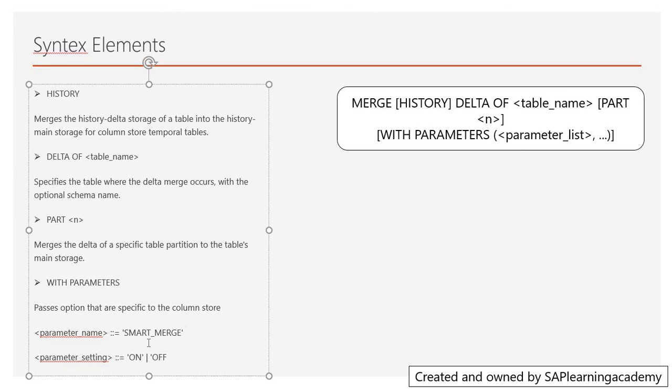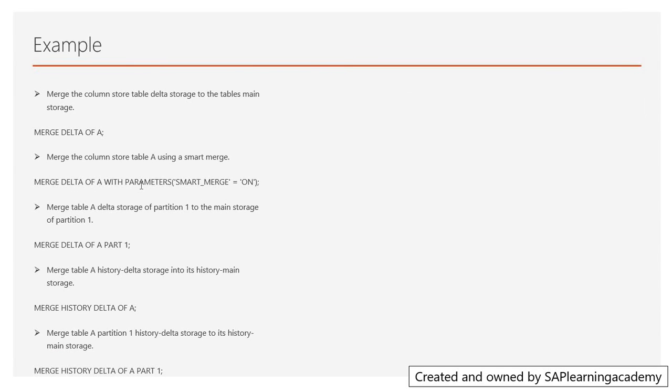So smart merge on off means if you specify the parameter name as smart merge with on, then the SAP HANA database does the merge function with its available configuration of smart merge. So let me tell you the example quickly so that you can easily understand that.